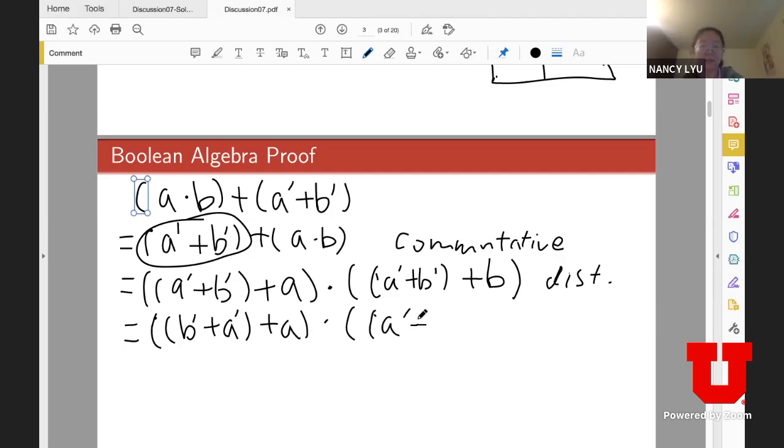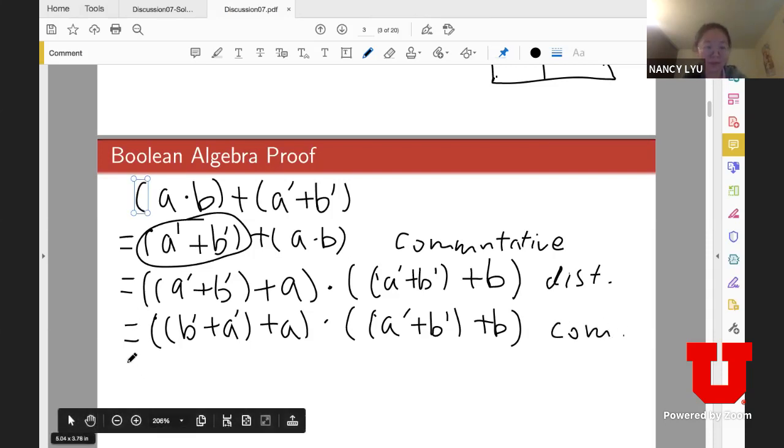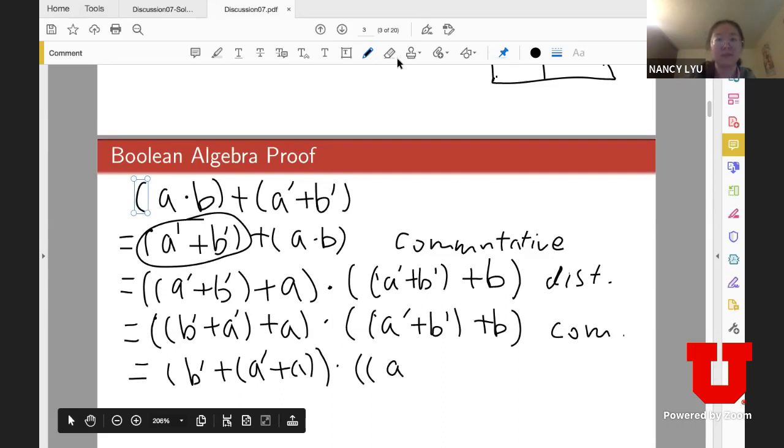And the second part stays the same. And then we can use the associative.